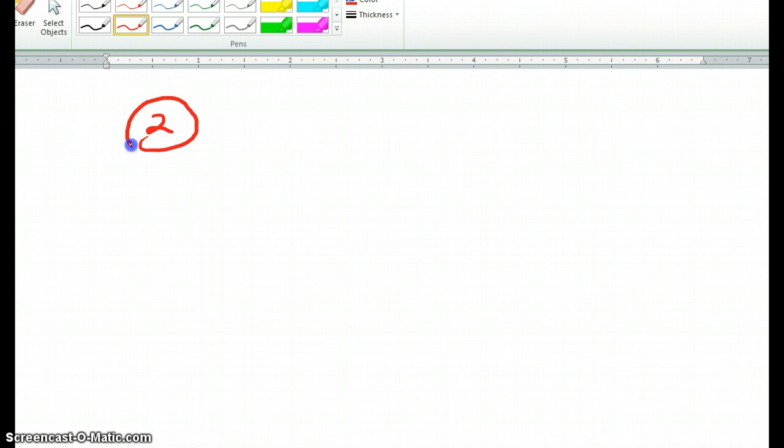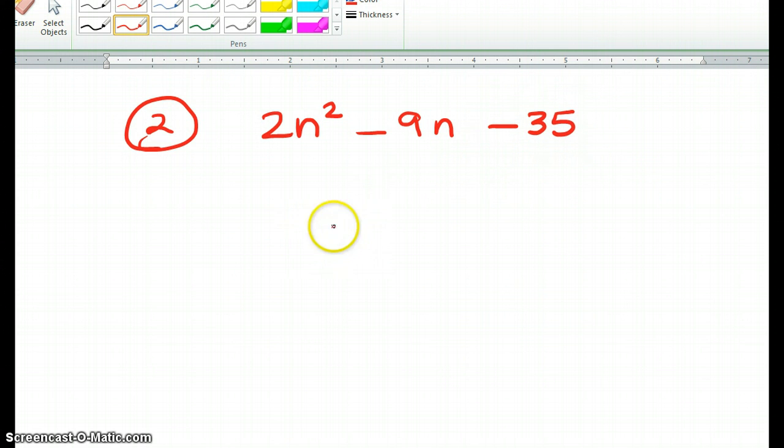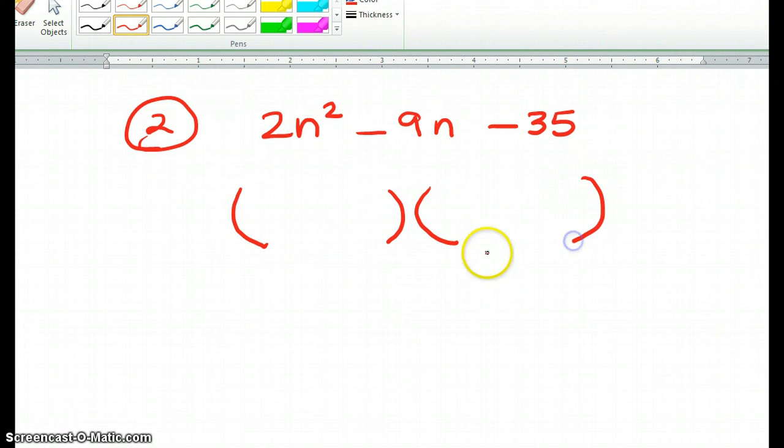So the second problem that you gave me, now we're adding numbers in the front, so it's getting complicated. 2n squared minus 9n minus 35. Okay, so again, we're following the same procedure. Notice I'm just making 2 sets of parentheses so that we can get to the answer.